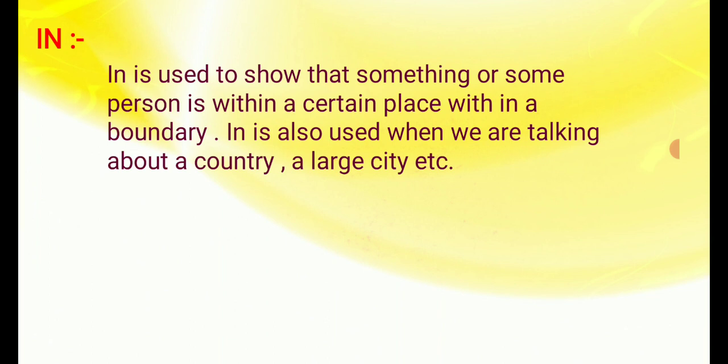So first is in, and in is used to show that something or some person is within a certain place, within a boundary. In is also used when we are talking about a country, a large city, etc. It means that we use in when the person is in a certain place inside the particular boundary. So let's see the example and get more clarity on this rule.